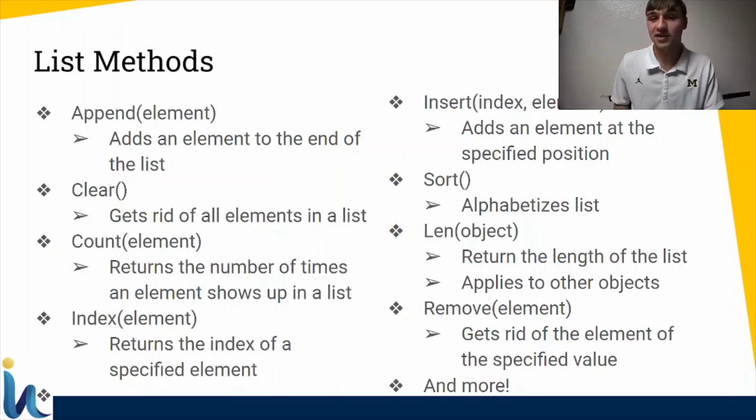Index will return the index of a specified element, so you'll plug in some number or string or object, and it'll give you the location of it. Insert will add an element at a specified position, so it's kind of like append using an index as well. Sort will alphabetize the list if it's a list of strings, which is very useful.